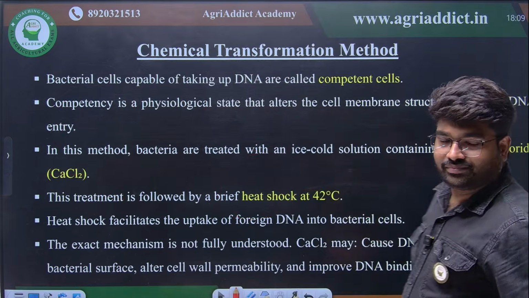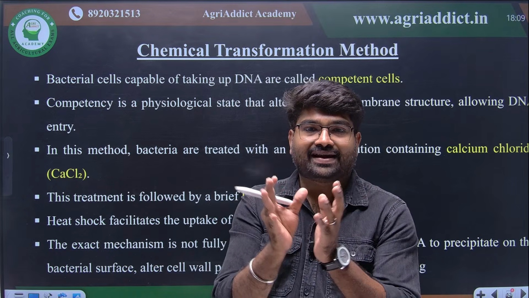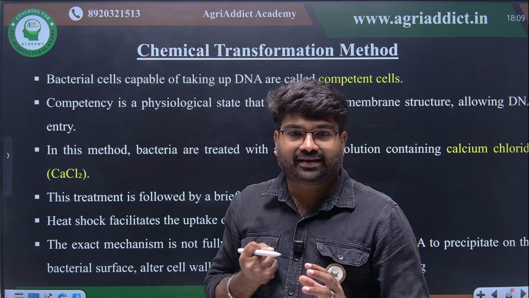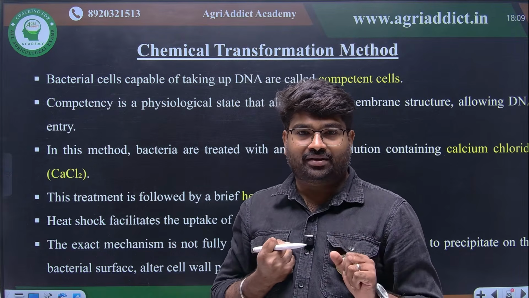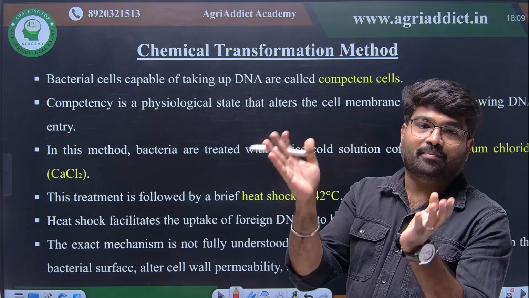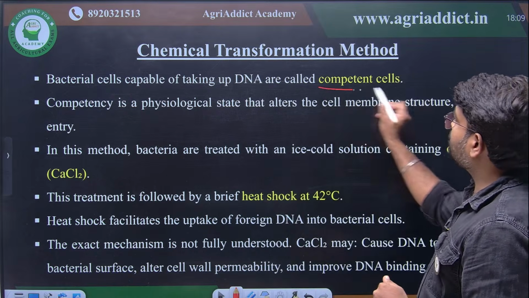Chemical transformation means, first, they will make the bacterial cell competent. Competent means having the ability to take up DNA from the external environment. They will loosen the cell wall and the membranes of the bacterium. That we know as competent cells.